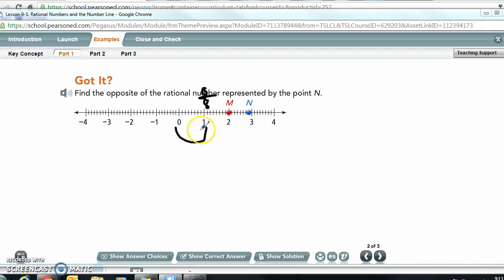So that means each little dash is 1/8. So I look at n. I know n is not necessarily at 3, but it's after 2. So I need to count. Well, I have 2 and 1/8, 2 and 2/8, 2 and 3/8, 2 and 4/8, 2 and 5/8, 2 and 6/8, and 2 and 7/8 is what n is equal to.